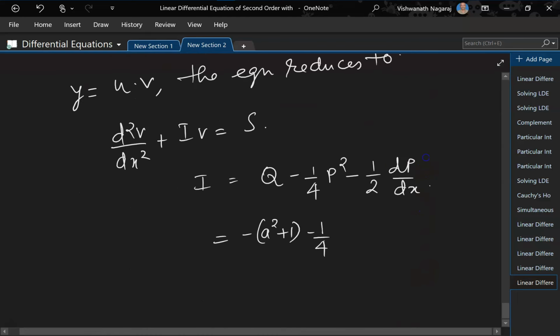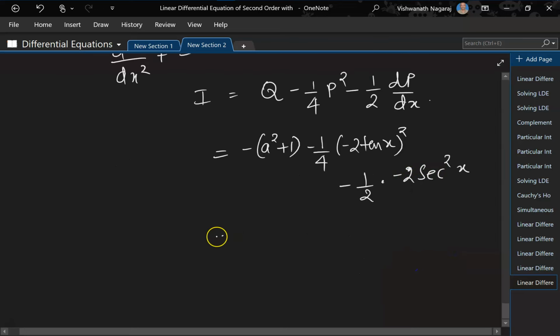Minus 2 tan x. So minus 2 tan x square minus 1 by 2 dp by dx. So dp by dx, p is 2 tan x. So this would be minus half times minus 2 sec square. So this would become minus a square.